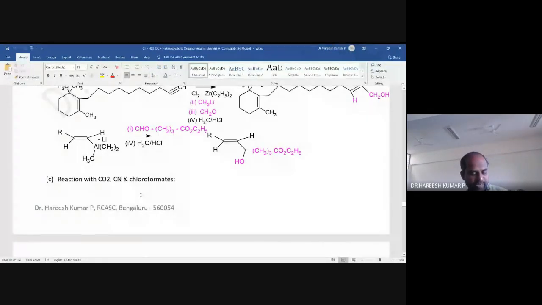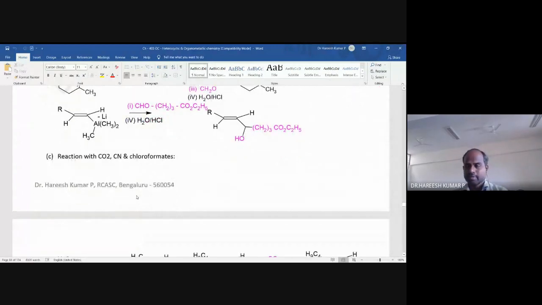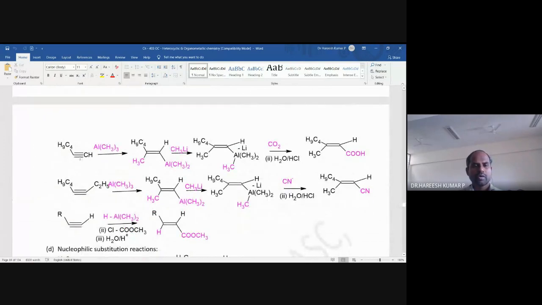So what is happening? Let us look into this. This is an alkyne, which means a triple bond. To this triple bond we add triethyl alane, so carboalumination occurs. Carbon will add to this carbon and aluminum will add to this carbon.